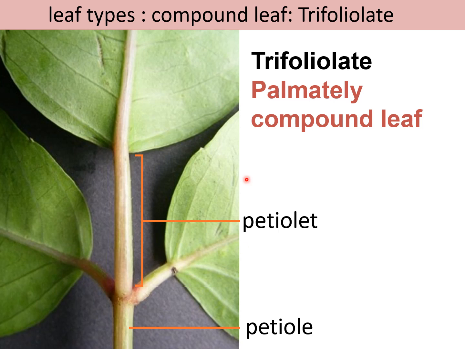Here is an example of trifoliolate palmately compound. How to know? In the palmately compound leaf, you can see that the petiole, here, is long. The leaflet at the middle has a longer petiole.